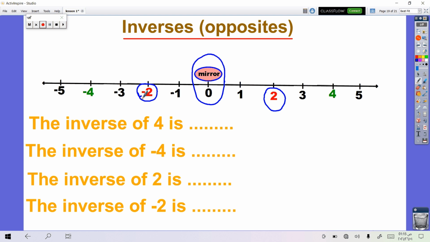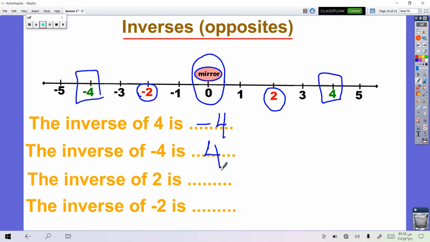If we want to find the inverse of 4, the inverse of 4 on the mirror 0 will be negative 4. But if we want to find the inverse of negative 4, the image of negative 4 will be equal to 4.